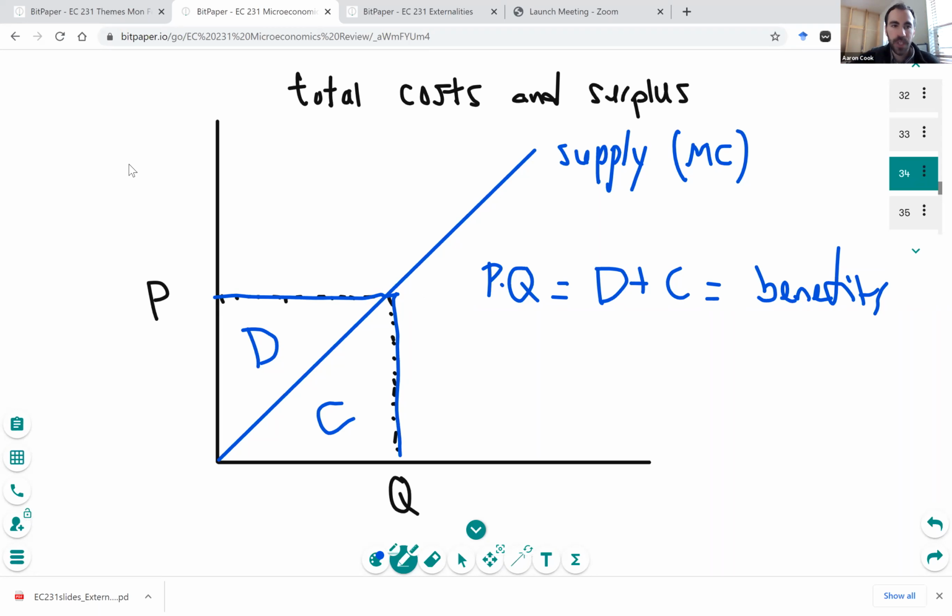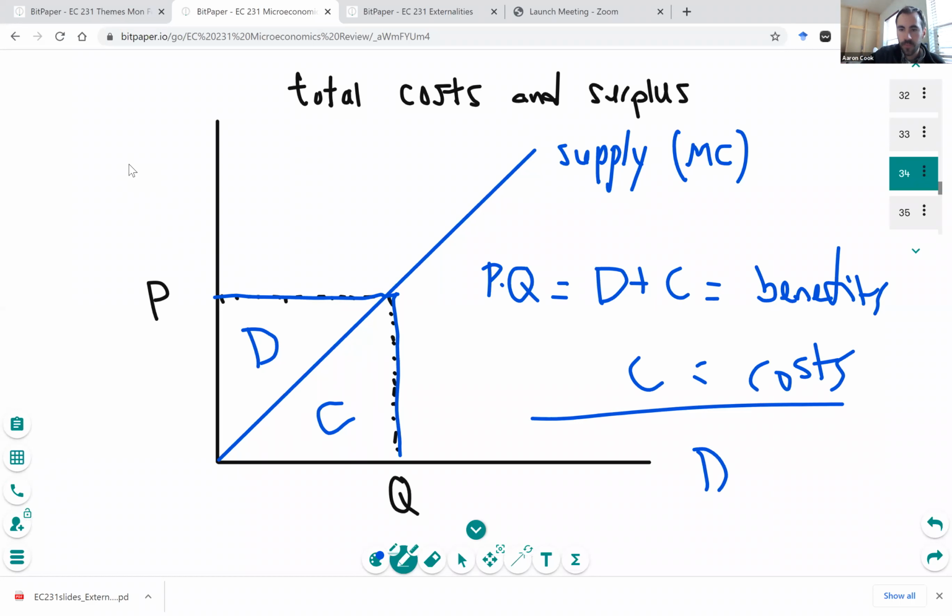But then in order to produce Q, they have to incur production costs. The total production cost that they incur is given by the area below the supply curve between 0 and quantity Q. So their costs are given by area C, based on that logic of the area below the supply curve up to Q being their costs. C is their costs, right?